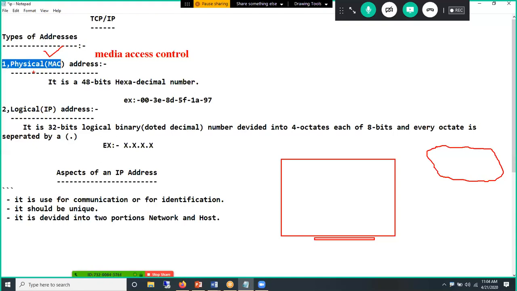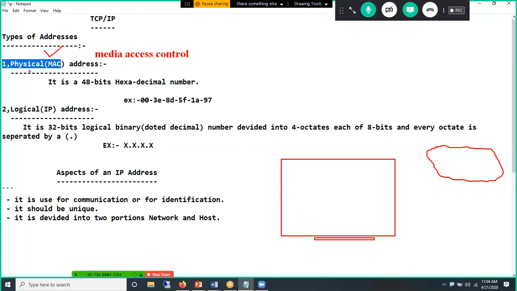Apart from the two, one address is by default available on a machine, and one address you have to configure according to your requirement. This is very simple; I'm showing it in a very simple format here. Apart from the two addresses, one is by default available. That means it is not the administrator's responsibility to go to each and every machine to give that address.